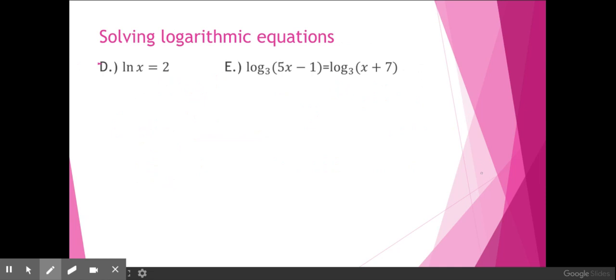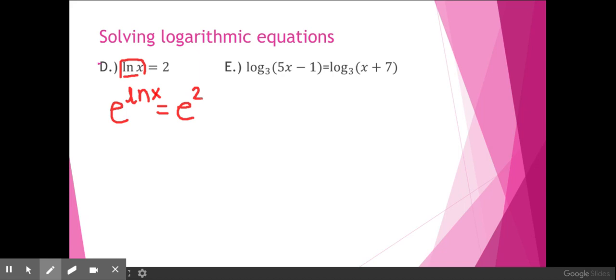All right, so here, more logarithmic equations. We have the ln of x equals 2. So we have our log and x alone. What cancels out an ln? It is a base of e. So we have e as our base. This whole thing becomes the exponent. Same thing on the other side. e as our base.